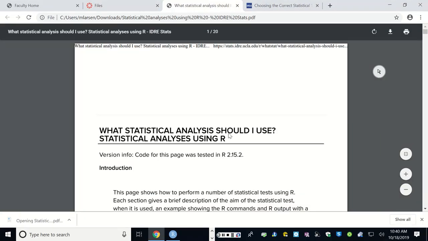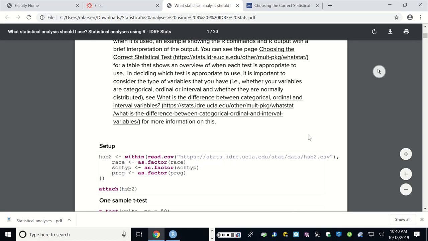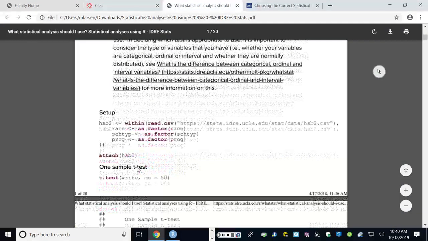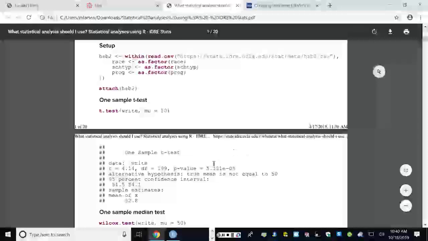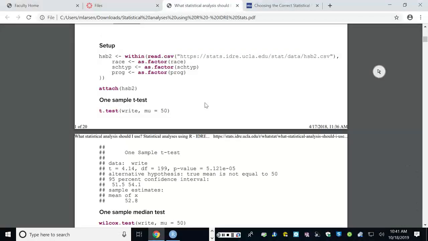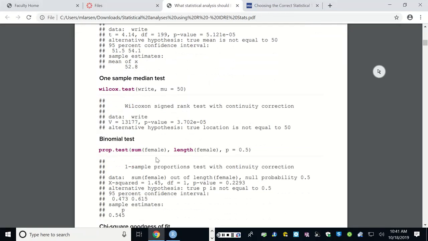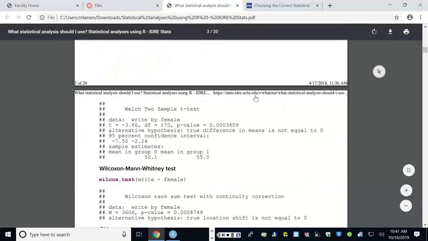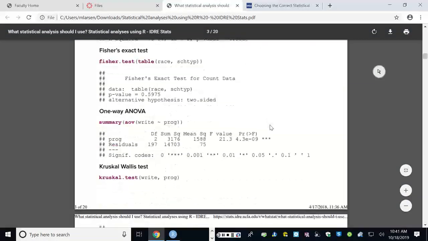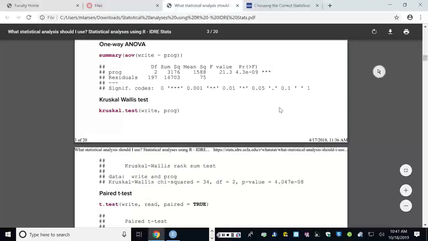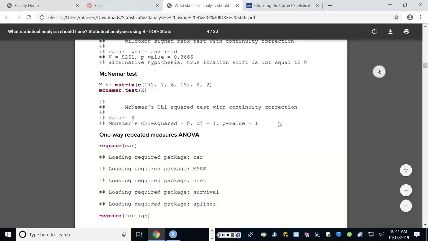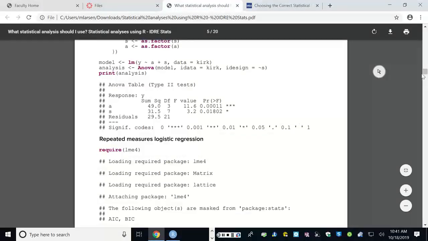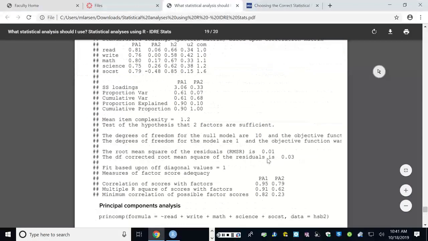This page asks, what statistical analysis should I use? And it talks about this little data set here that has some things in it. Then it says what types of things you might do for a one sample test, a median test, a binomial test, 2 independent samples, and some other things. A one-way ANOVA example could be used with this data. And down at the end, there are some things with regression too.